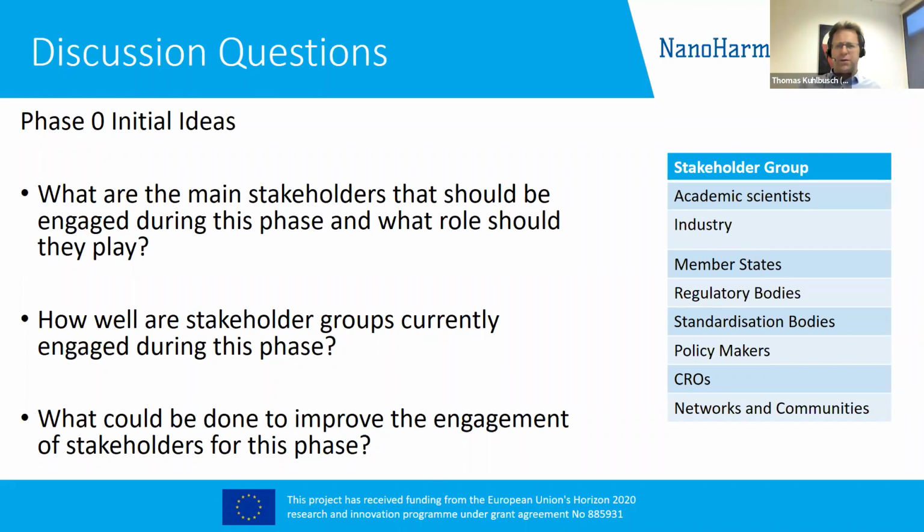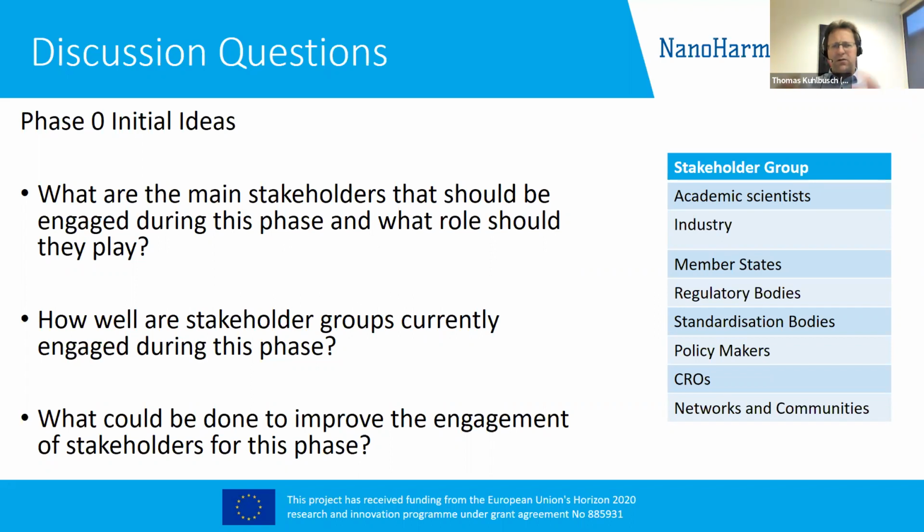The questions I pose here are always the same three questions: what are the main stakeholders that should be engaged during this phase and what role should they play? How well are the stakeholder groups currently engaged during this phase? And what could be done to improve the engagement of stakeholders for this phase?